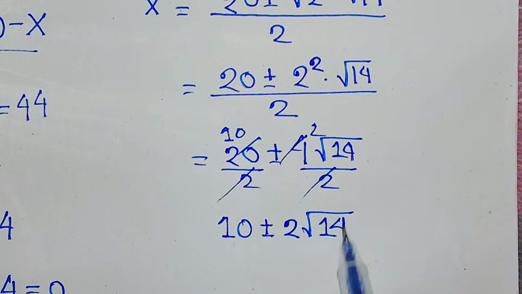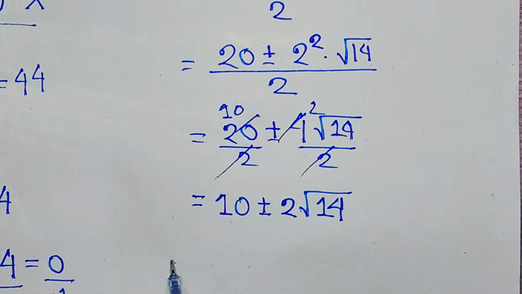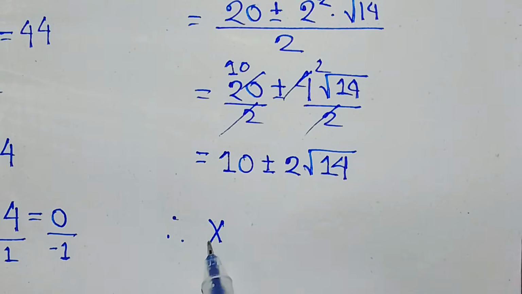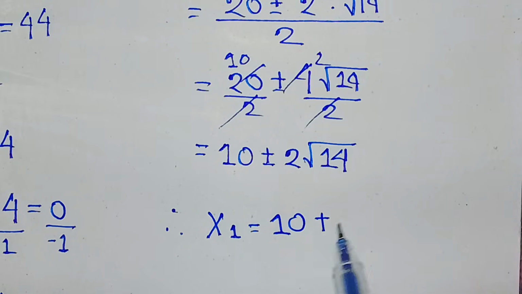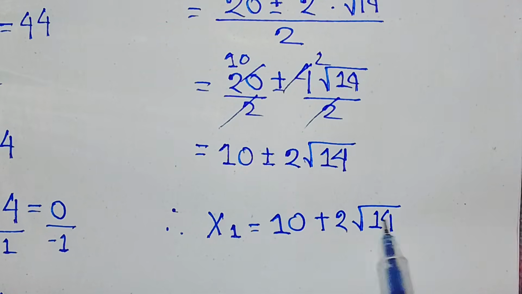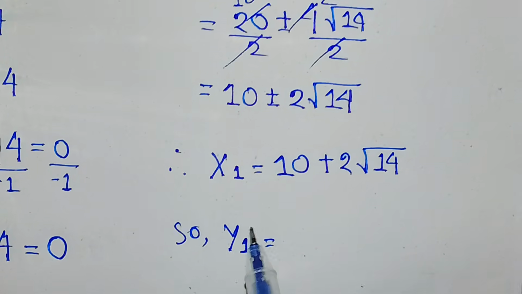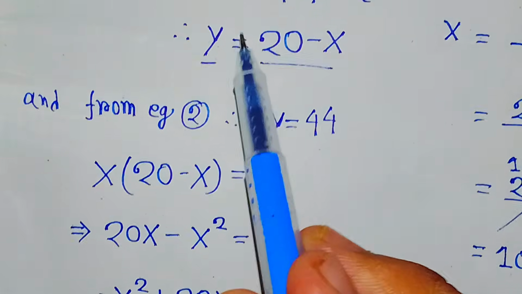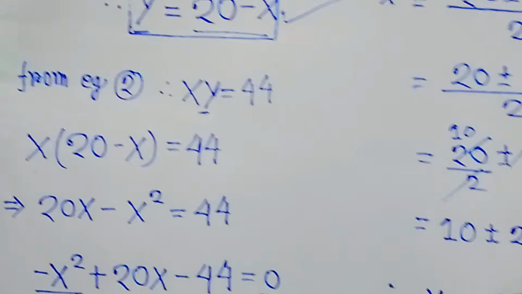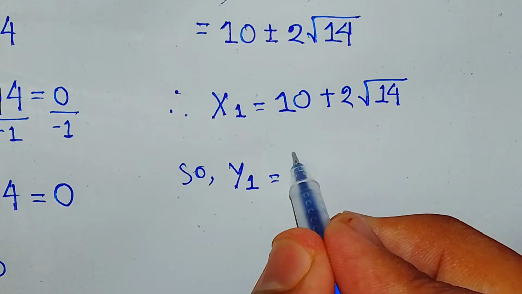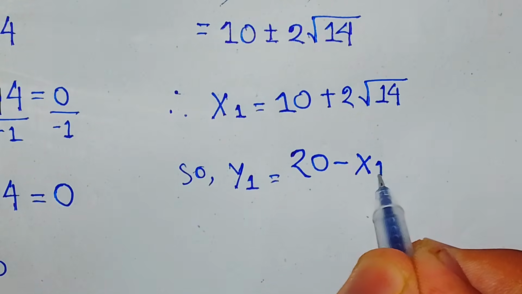So guys, we get our first value of answer x, 10 plus minus 2 root over 14. Now we just have to get the value of y, then the problem will be solved. So from here we can easily write that the value of x1 is equal to 10 plus 2 root over 14. For the value of y, if you recall, we get from equation number 1 that y is equal to 20 minus x. We again use this equation and write y1 will be 20 minus x1.